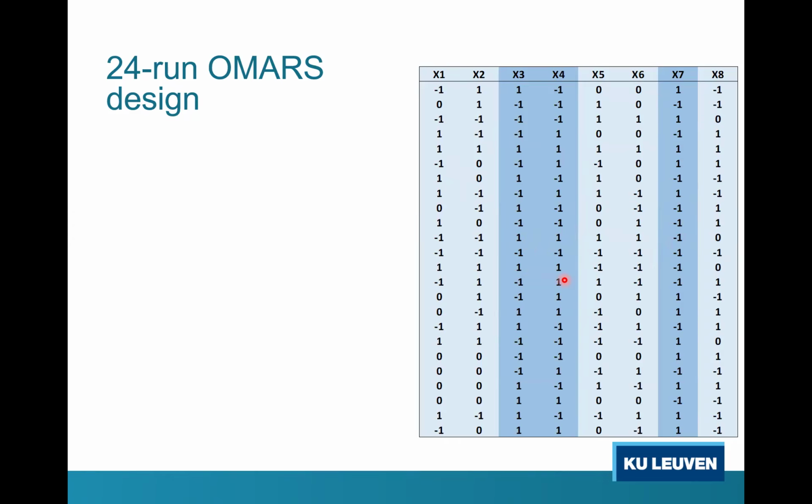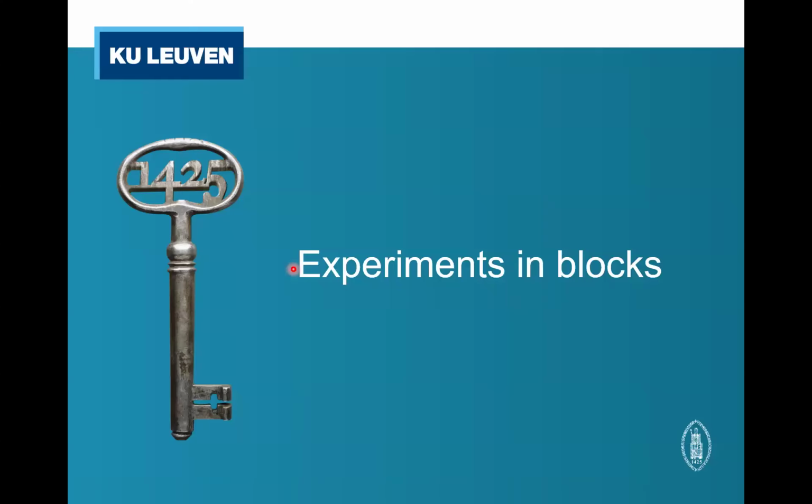But it also has 24 tests, but for different reasons. They didn't have an AMBER system, but they had to perform tests at full production scale. So that's why they wanted a small experimental design for 8 factors. So you can see that you can study 8 input factors in just 24 runs with an OMARS design.